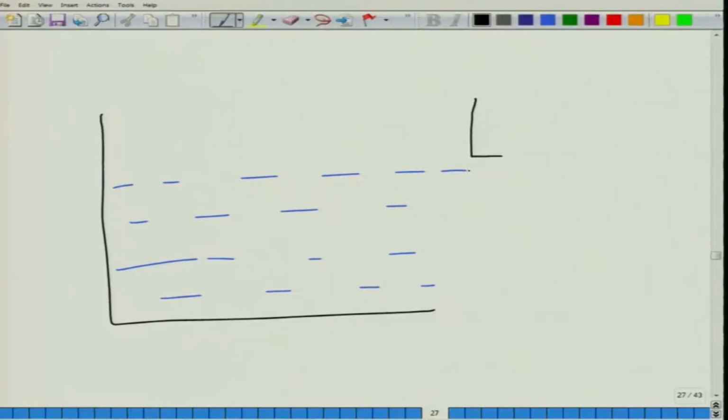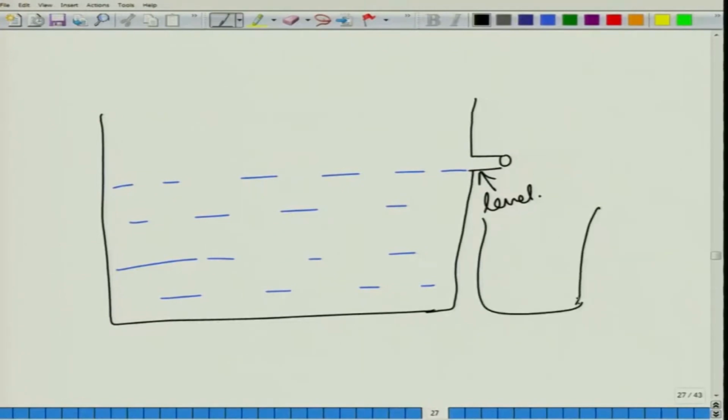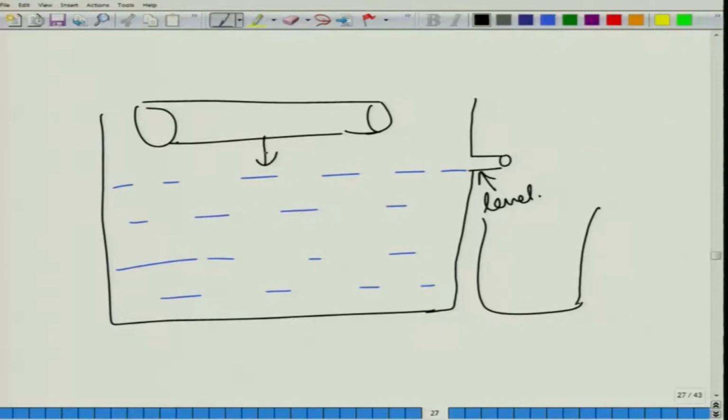So, here you have an outlet, and you have put so much water that it has reached this level. Next, you put a bucket here, and then you take a large piece of wood and put it inside.